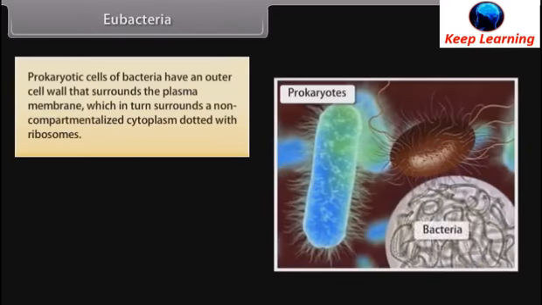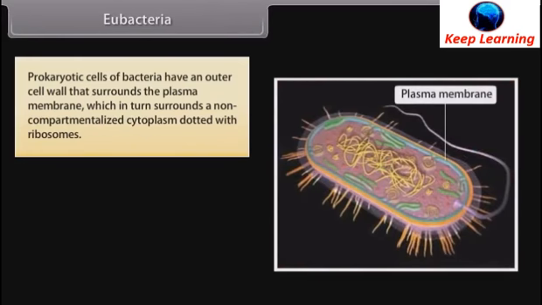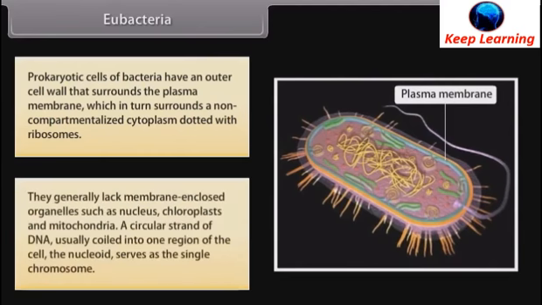Eubacteria. Prokaryotic cells of bacteria have an outer cell wall that surrounds the plasma membrane, which in turn surrounds a non-compartmentalized cytoplasm dotted with ribosomes. They generally lack membrane-enclosed organelles such as nucleus, chloroplasts, and mitochondria.